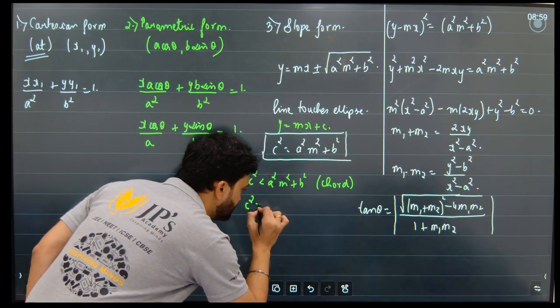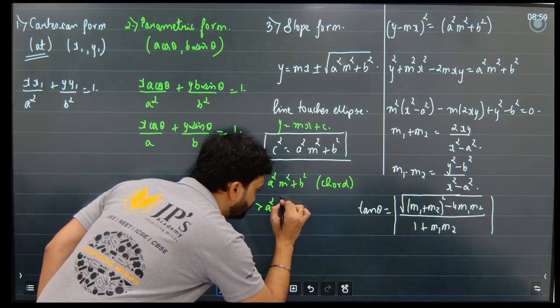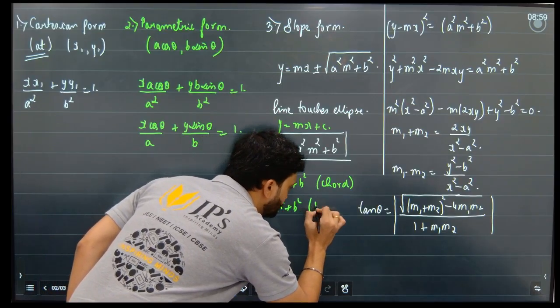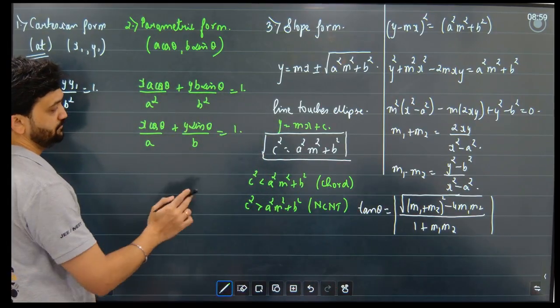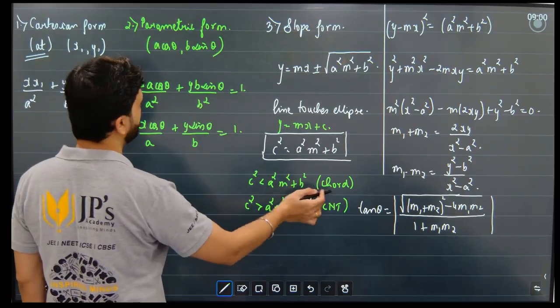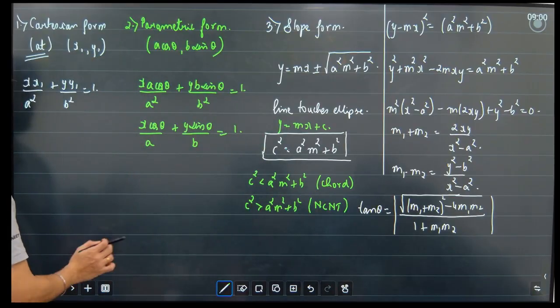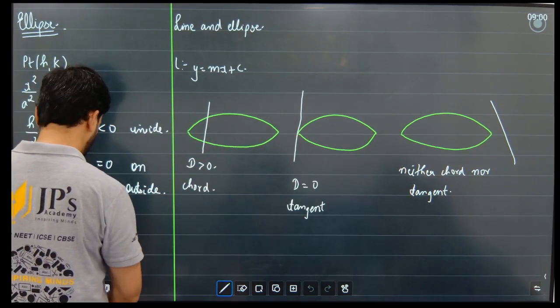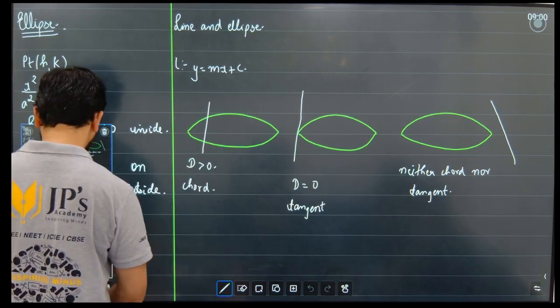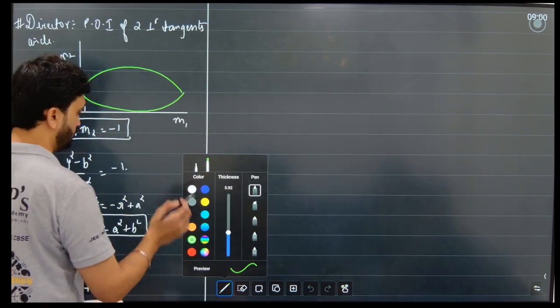And if c square is greater than a square m square plus b square, it is neither chord nor tangent. So if it is less, it is a chord, which we have done here. And if it's greater, it is neither chord nor tangent.